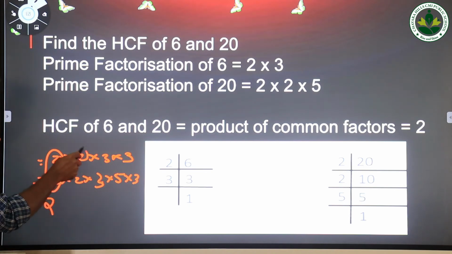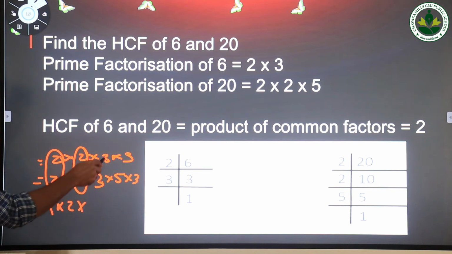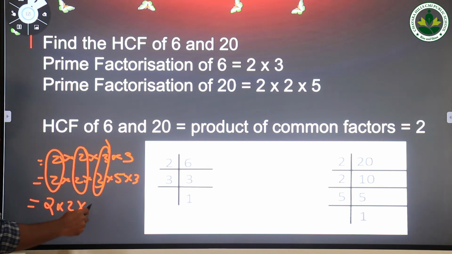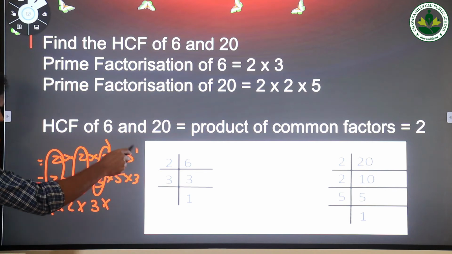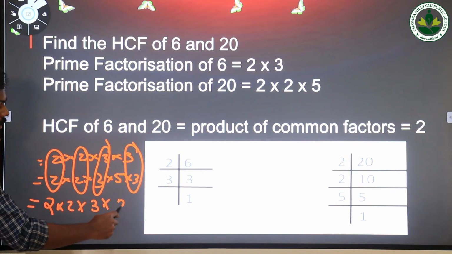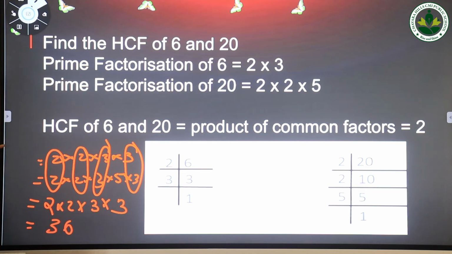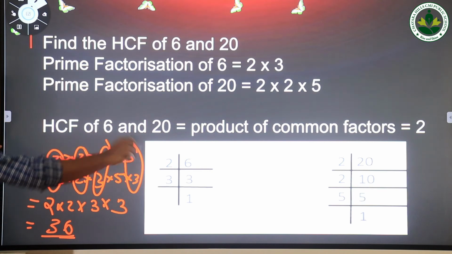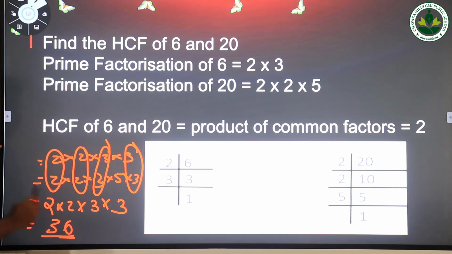Then again we can see 2, so again take one. Then you can see 3, so take one from there, and here you can see another 3. So find the product of these. That is the HCF of these two numbers. The product is 2 into 2 is 4, 4 into 3 is 12, 12 into 3 is 36. Take them as pairs, and from each pair take only one.